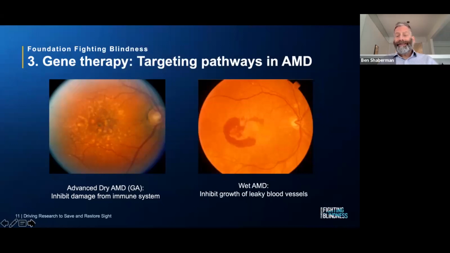Now, moving on to that third approach that I mentioned, targeting a damaging pathway. There are gene therapies now in clinical trials to address both dry age-related macular degeneration and wet AMD. Before I talk about those, let's remember that AMD is a little different from the inherited conditions because there are many factors that can lead to the development of AMD.